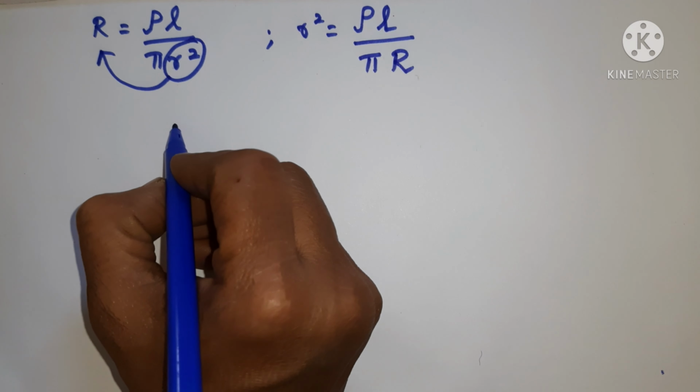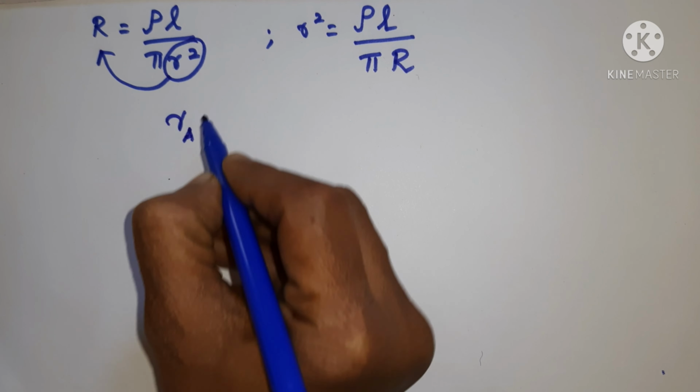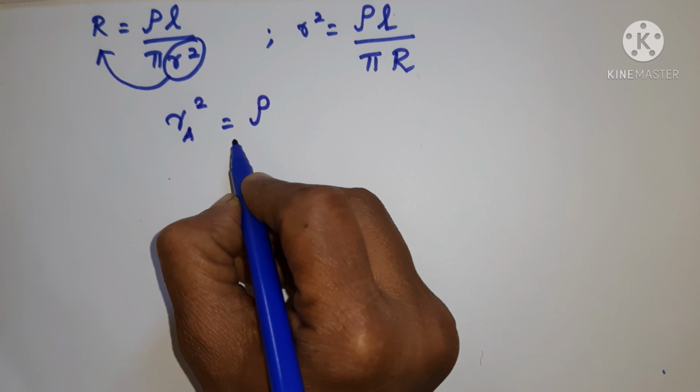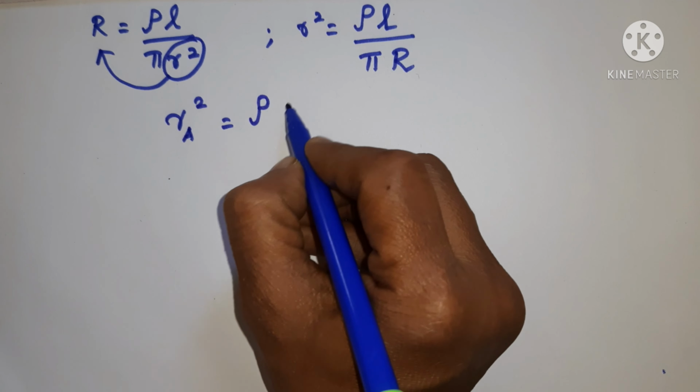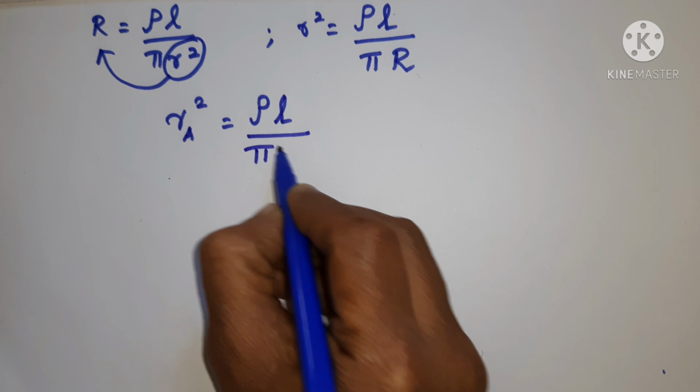So therefore, for wire A, we can write rA square is equal to, the specific resistance seems to be constant and they are having the same length, so rho L divided by pi RA.